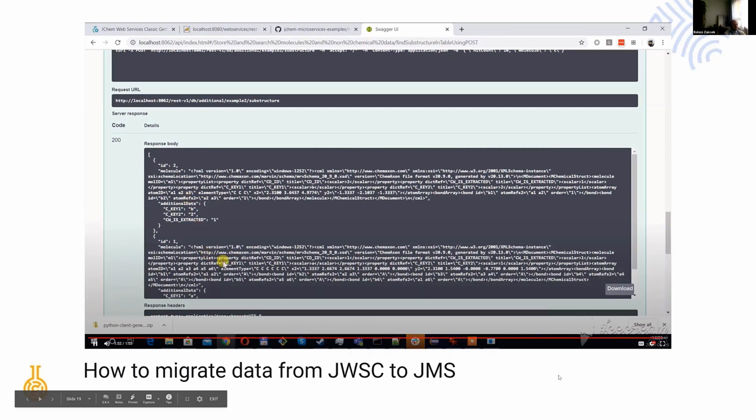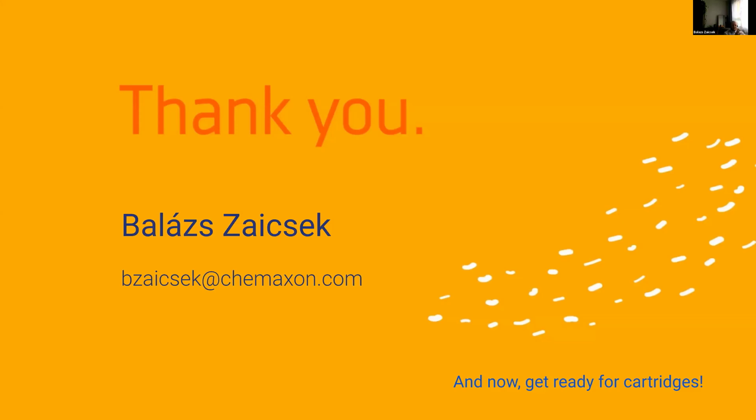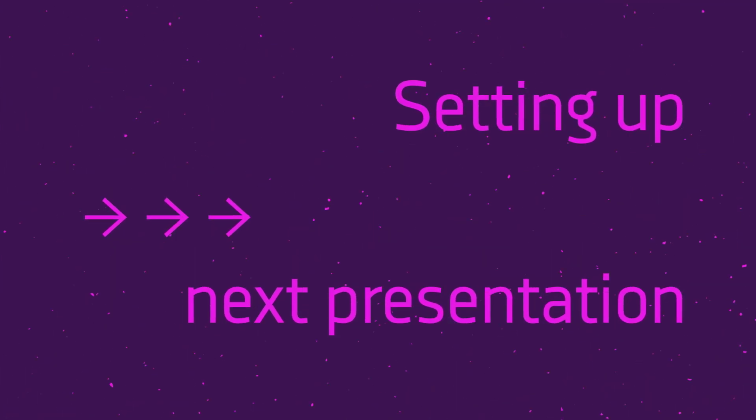And basically that's all. So prepare your questions for the further discussions, but before that, please listen for the cartridges and what Tamás has to share with you. Thank you very much, Balu. We can go on with the cartridges.